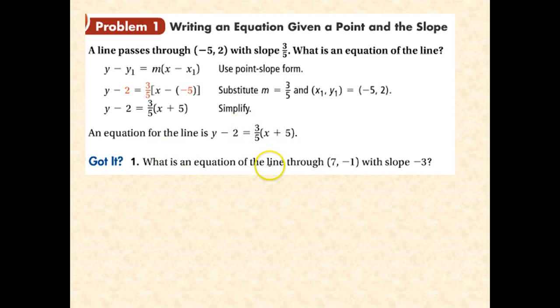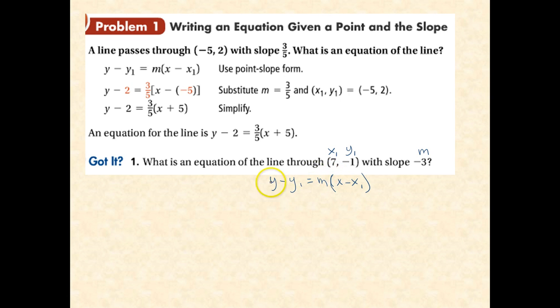So what is an equation of the line that goes through the point 7, -1 with a slope of -3? So this is my x1, this is my y1, and this is my m. So y minus y1 equals m times x minus x1. This you should have in your notes, and you should do it enough times to where you just kind of have that memorized. But you should always have it in your notes just in case you forget, because you will need to do this on the test.